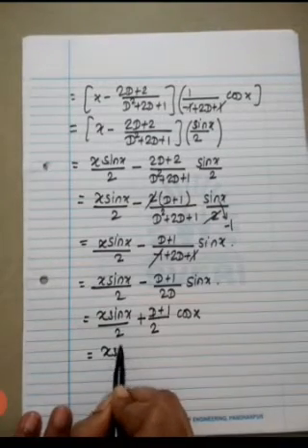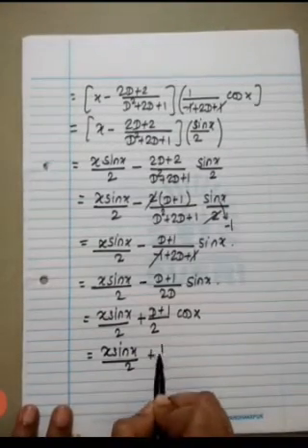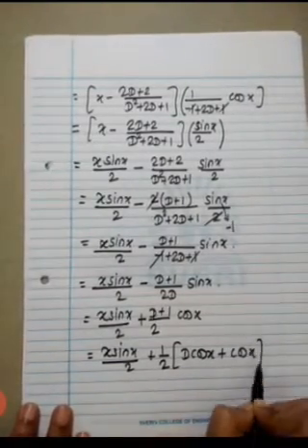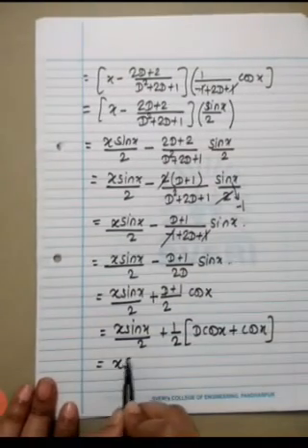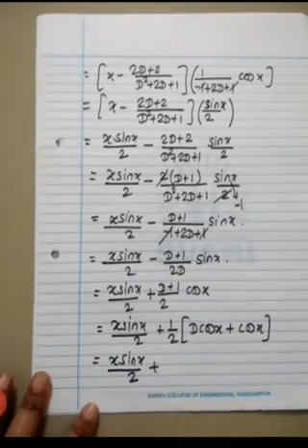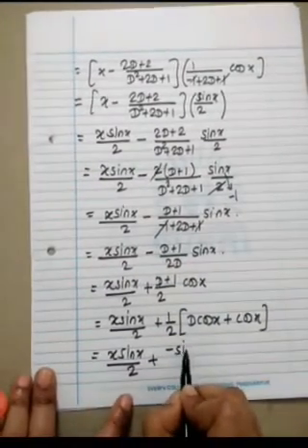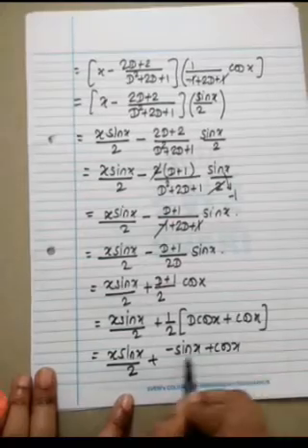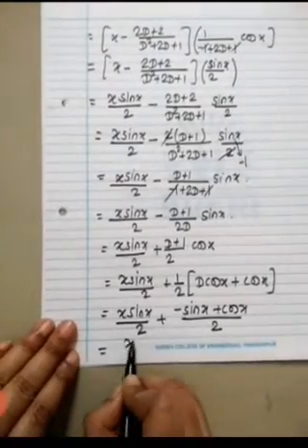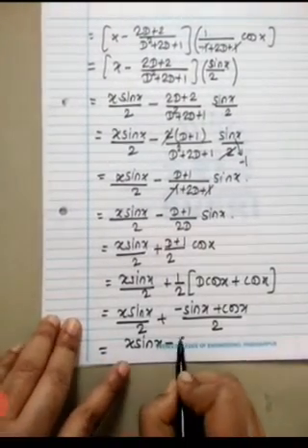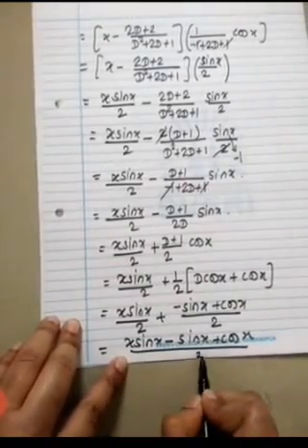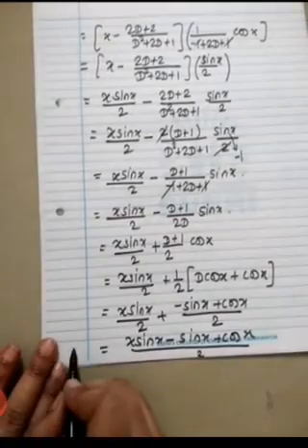That is x sin x by 2 plus 1 by 2 (D cos x plus cos x). That is x sin x by 2 plus (derivative of cos x, minus sin x, plus cos x) upon 2. That is (x sin x minus sin x plus cos x) by 2 is your yp.